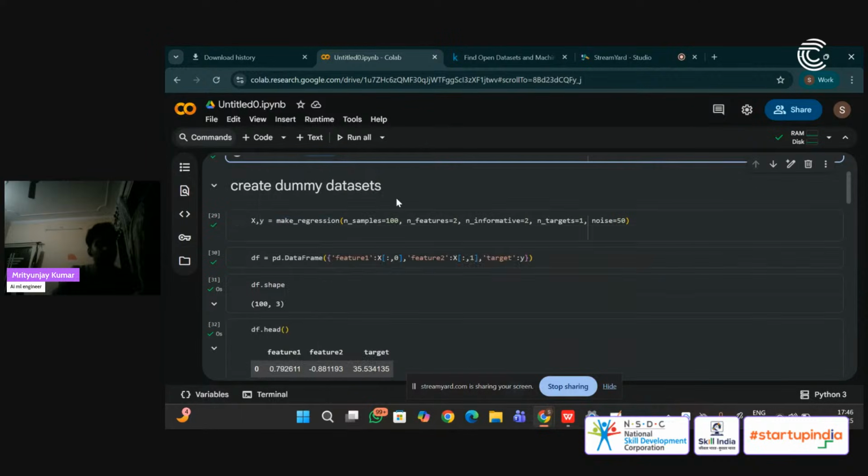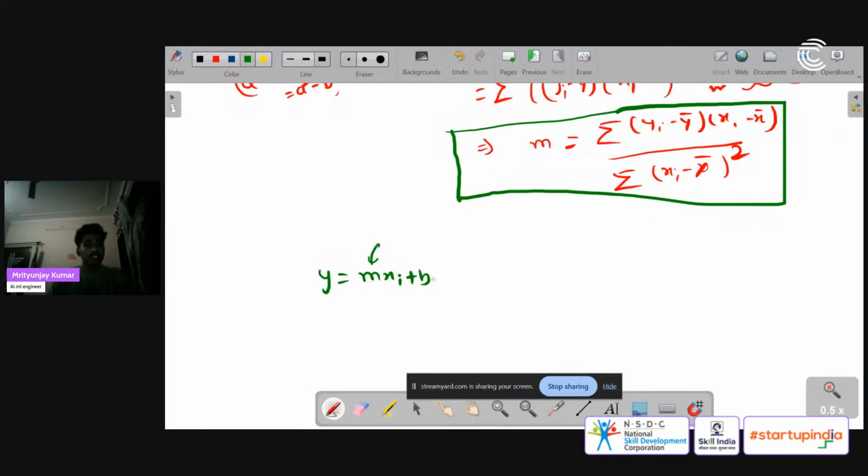The sample will be 100 and two features. From two features, we have to find one target value. So if we have two features, our equation is not going to be like this. Our equation is going to be a little bit more complicated, but it is okay: m1 x1 plus m2 x2 plus b, because we have two features.